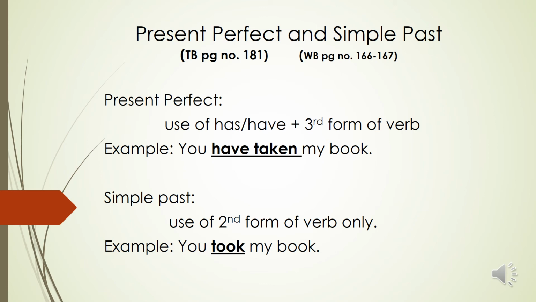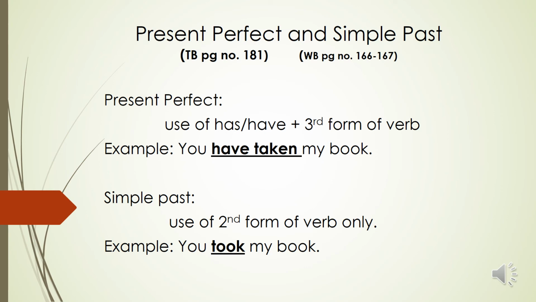In present perfect tense, as we are already discussing, we use has, have with third form of verb. For example, you have taken my book. Have is used with you and taken is the third form of take. So the sentence will be you have taken my book.